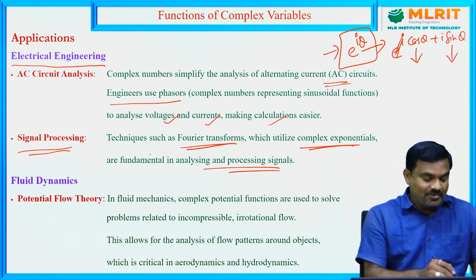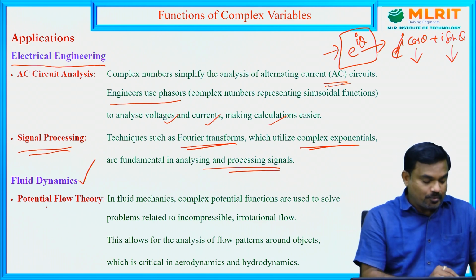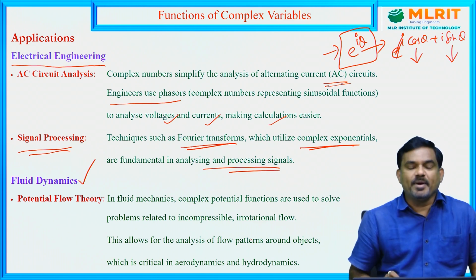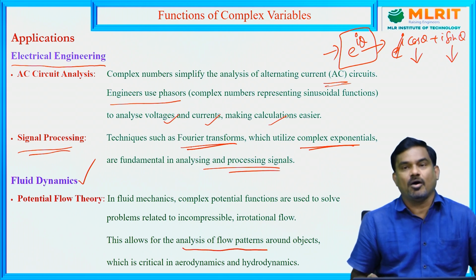Not only that, in fluid dynamics also we use complex variables, particularly in potential fluid theory. In fluid mechanics, complex potential functions are used to solve problems related to incompressible flow and irrotational flow, etc. This allows for the analysis of flow patterns around objects.